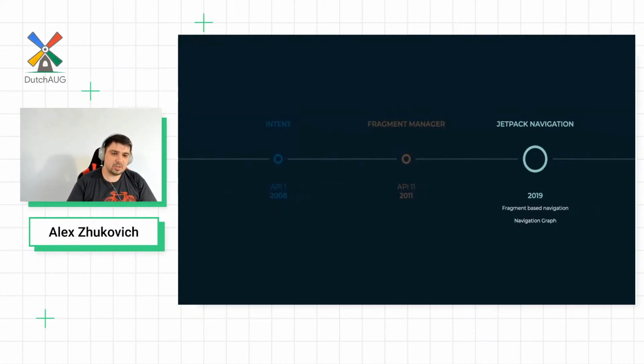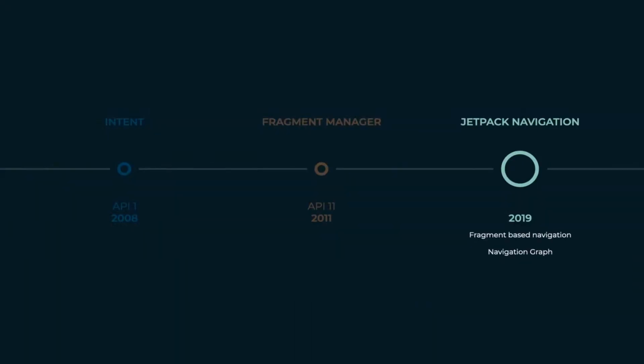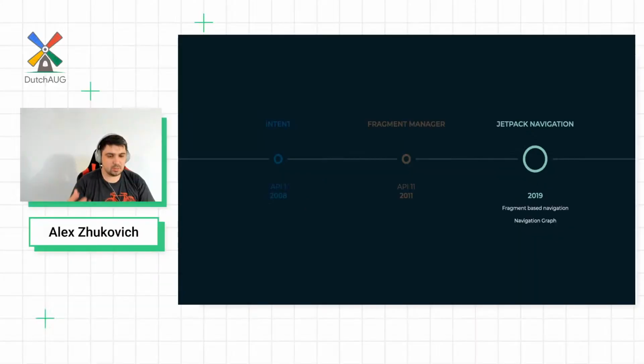The last official solution, which was introduced around 2 years ago, is Jetpack Navigation. Jetpack Navigation is based on fragments. In addition to it, we have a bit simpler navigation, a bit simpler animations, and we can see our navigation graph, which simplifies a lot and also helps to understand the scale of the application.